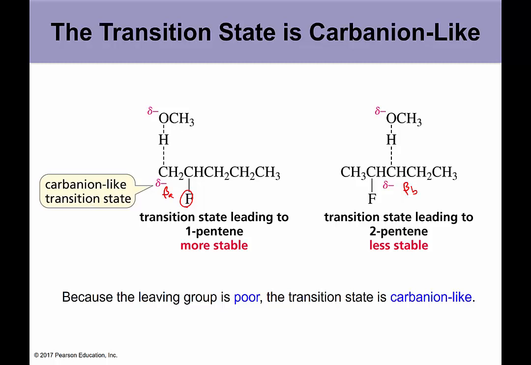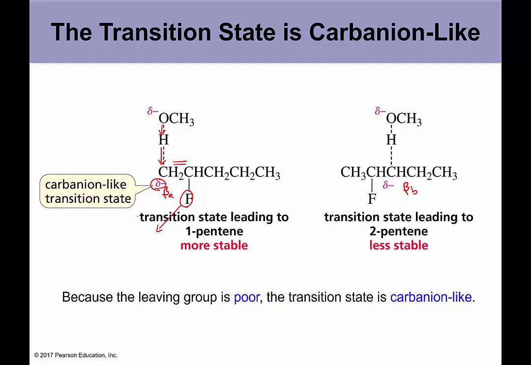And so when the base comes in here and tries to push the electrons back into a pi bond that forms here, that's where the pi bond wants to form, it's going to push negative charge onto this carbon, a lot of it, before this fluorine leaves and behaves like a good leaving group. It doesn't just take off. So the result is negative charge on the carbon with the beta hydrogen.